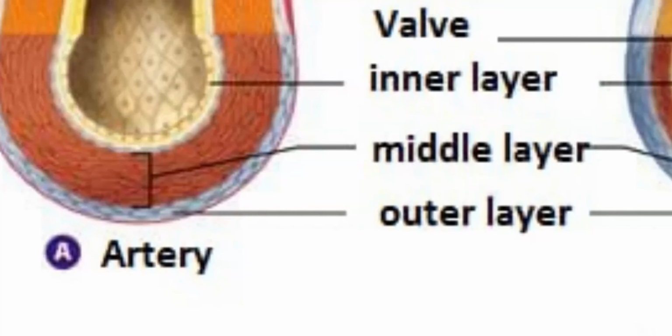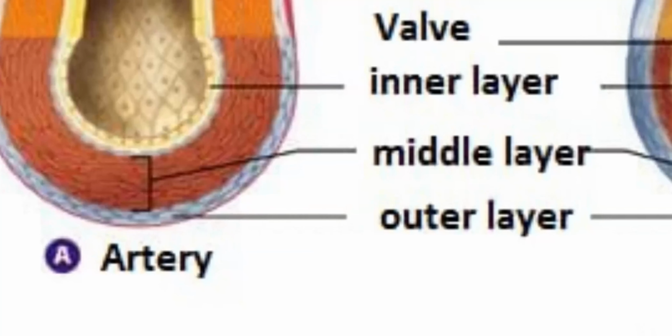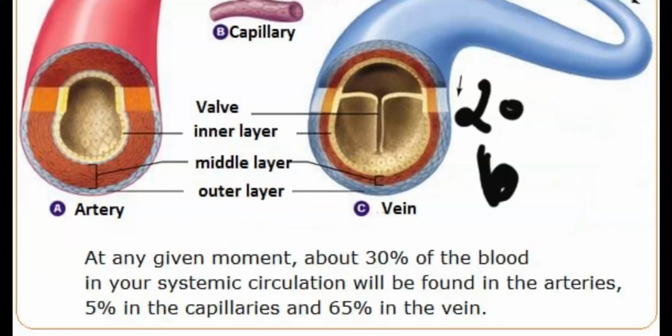The middle layer known as tunica media. Which are the constituents of the tunica media? Smooth muscles and elastin fibers. Yes, that's correct.